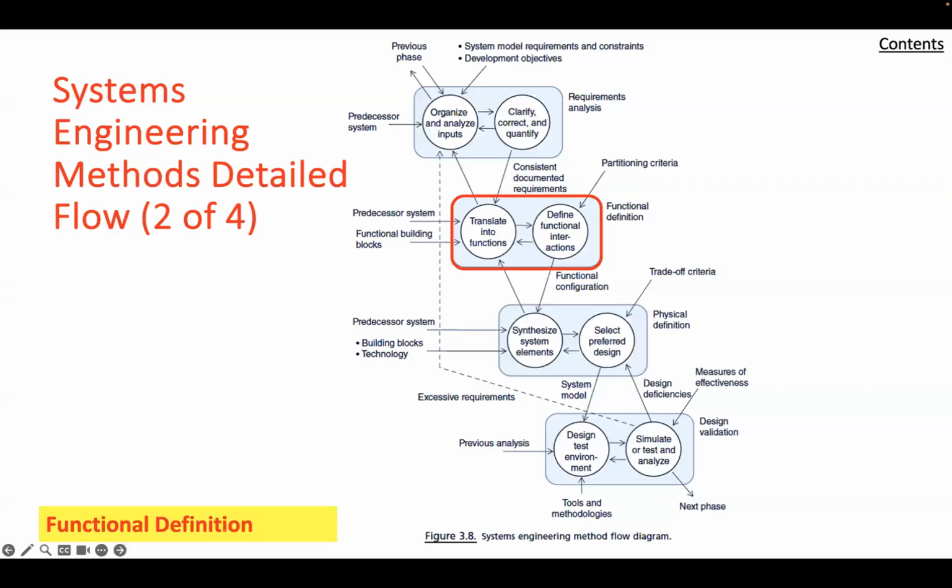So now we get into the next stage, the functional definition, the functional analysis and allocation. In the systems engineering method, functional design precedes physical or production design to ensure a disciplined approach to an effective organization, that is, configuration of the functions, and to the selection of the implementation that best balances the design characteristics of the system, that is, the performance and cost.